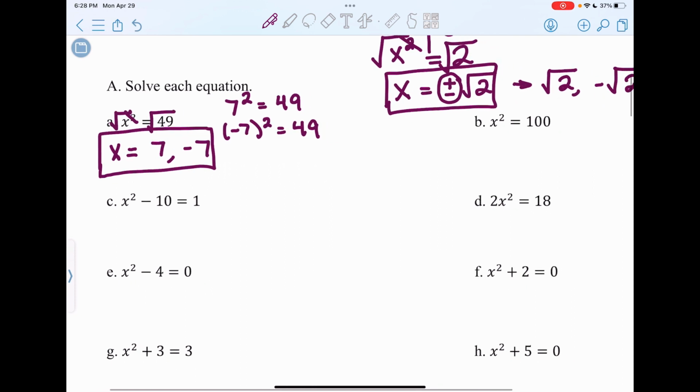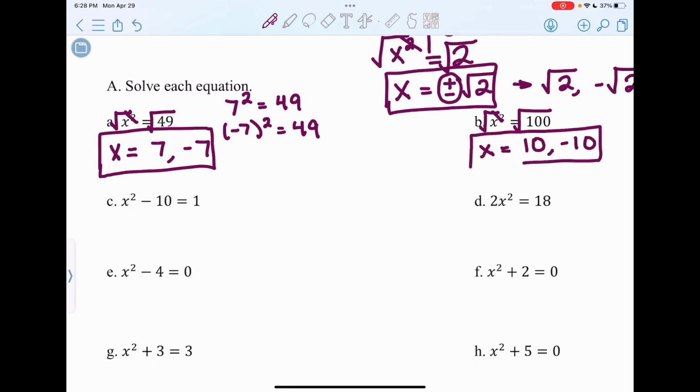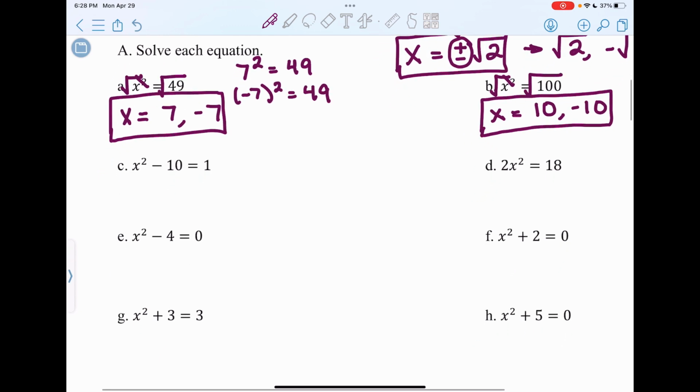In B, I have x squared equals 100, so I'm going to square root both sides to get rid of that square. 100 is a perfect square. The square root of 100 is 10, and negative 10 is also an option. In C, I have to get x squared by itself before I'm able to square root both sides.